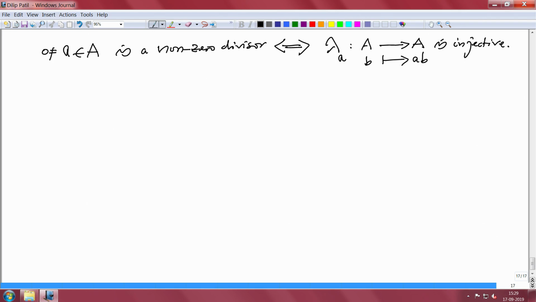This is an equivalent definition. So that is an integral domain.